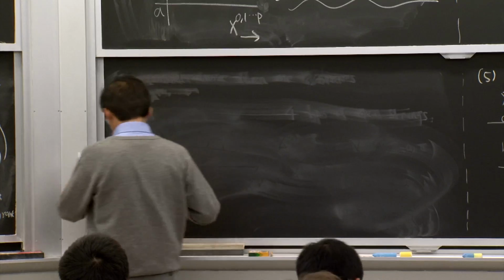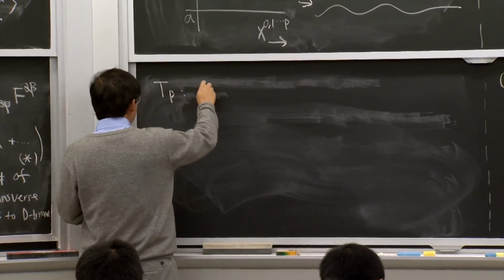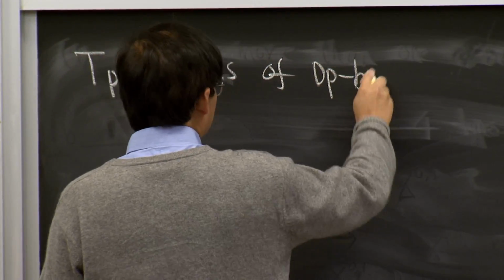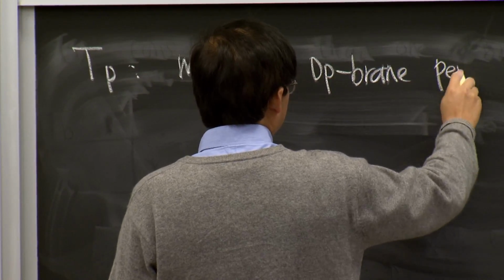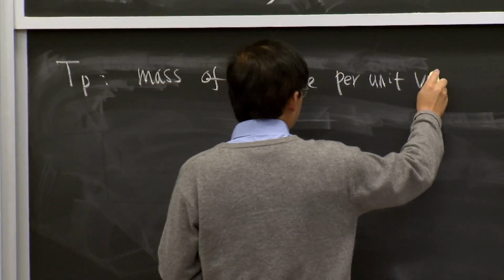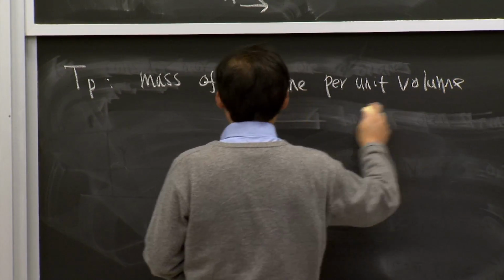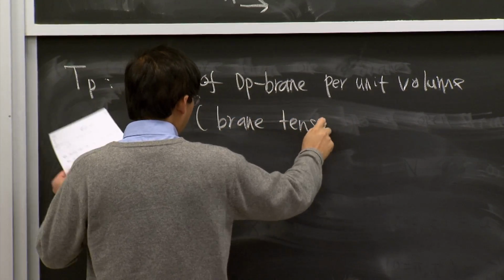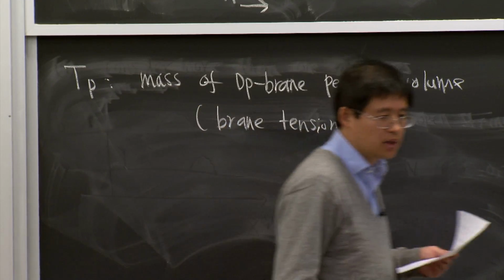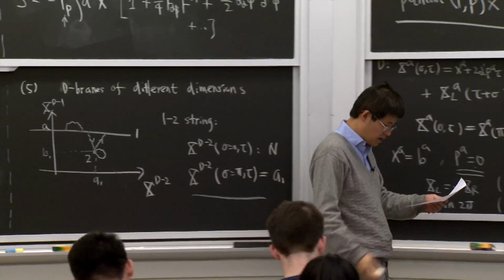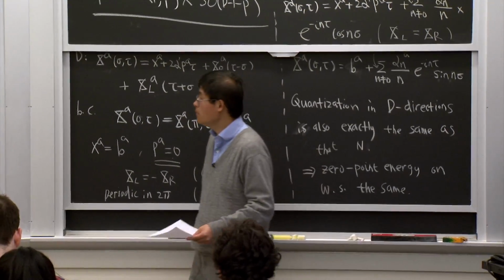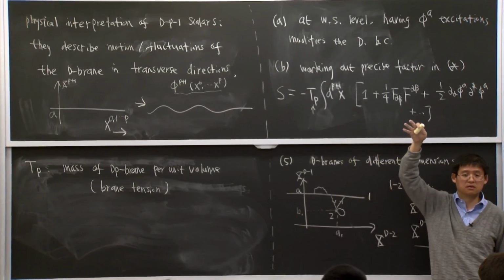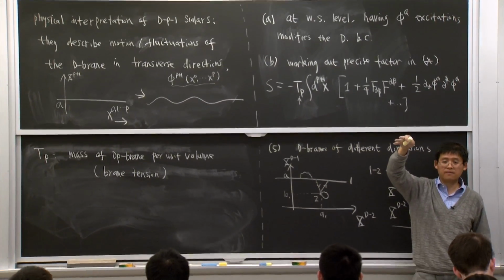And this prefactor is given by the mass of the Dp-brane per unit volume, or in other words, the brane tension. I will explain where this comes from, how we define a brane tension. But for now, let me just introduce this concept of brane tension. So if you work out the prefactor, you find the prefactor is precisely the brane tension, okay?